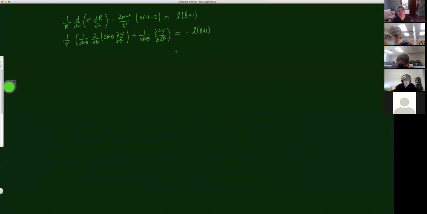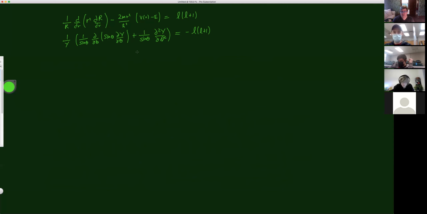Okay, so we have two equations, don't we? We have one equation for r that only has r's. That's excellent. It's a complicated equation, and it will not be easy to solve in general. And we have another equation for Y. And I want you to notice something: there is no V in the Y equation. There's no potential or the energy of the particle.